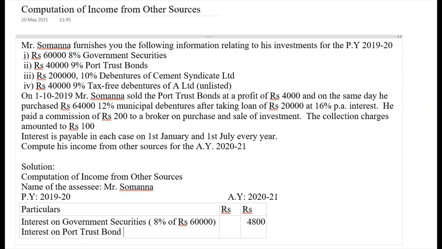Let me write in the bracket here: 9% of rupees 40,000 for 6 months. For 6 months only we should calculate here. So 9% of 40,000 comes to 3,600, so it comes to 1,800. So here it is 1,800.